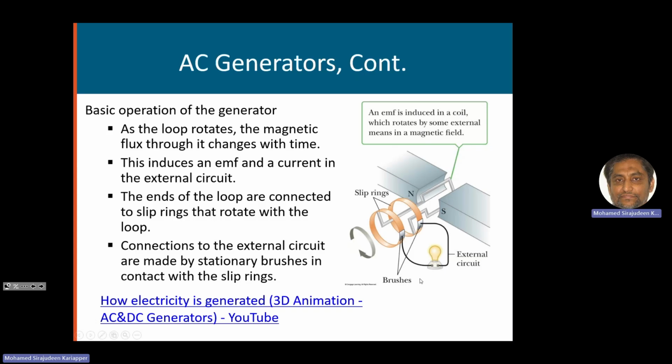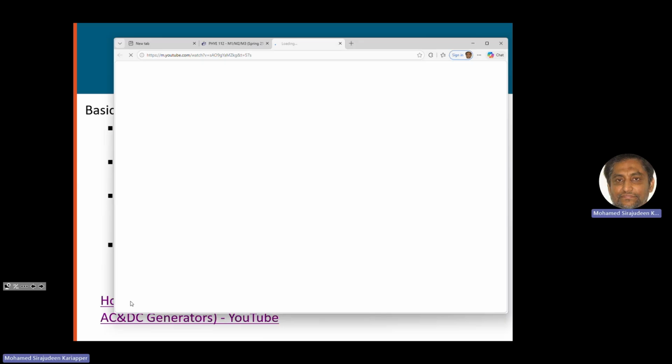It is not going to rotate on its own. Because you rotate the coil by some means, you will get a current coming out of the coil, without a battery. That is the opposite process, the AC generator. I will open this link to show you the three-dimensional animation.